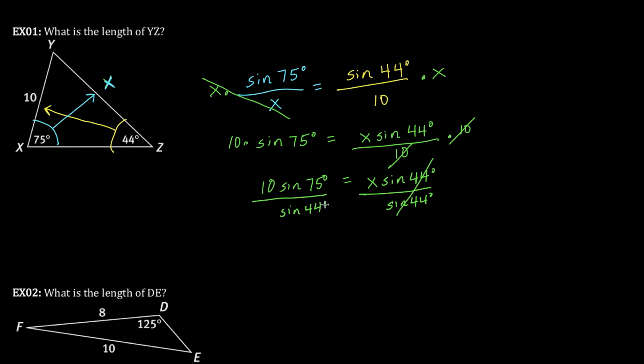So I'm going to write X equals 10 sine 75 degrees over sine 44 degrees, which is approximately, okay, let's calculate this.